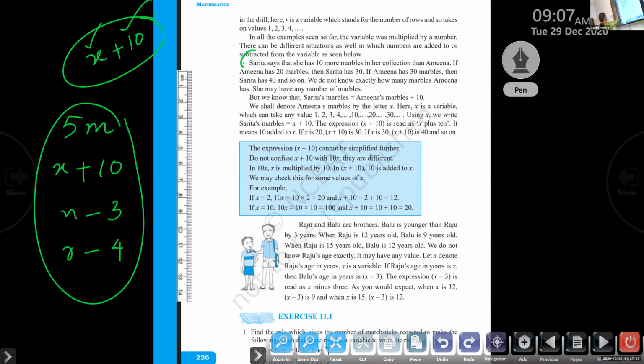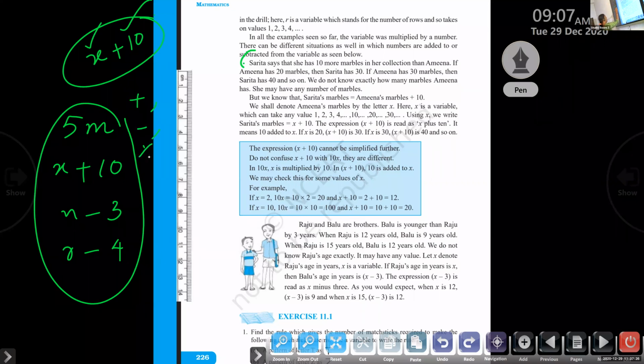How many operations are there in math? Addition, subtraction, multiplication, division. 4 operations, isn't it? So an expression has one variable, or 2 or 3 variables will be there when you go for higher classes.